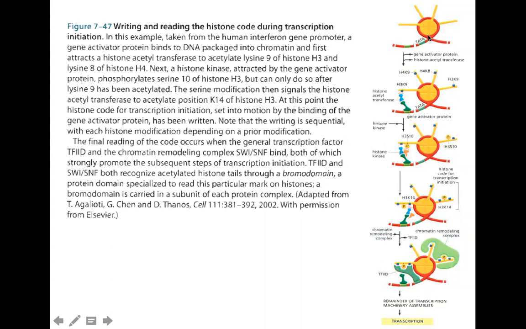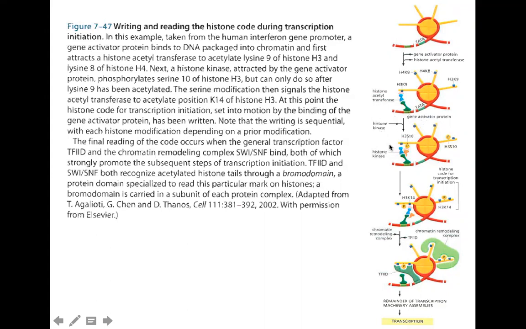So we have this TATA box here, and an activator protein binding site. The activator protein binds to this regulatory sequence and recruits histone acetyltransferase. Histone acetyltransferase would acetylate lysine at the 9th position on both tails of histone H3, and on H4 it is going to acetylate lysine number 8, or K8.